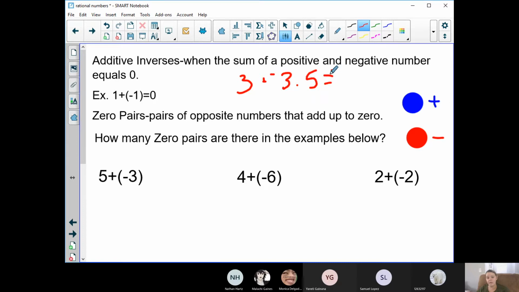Why not, Yariel? Why would those not equal 0?